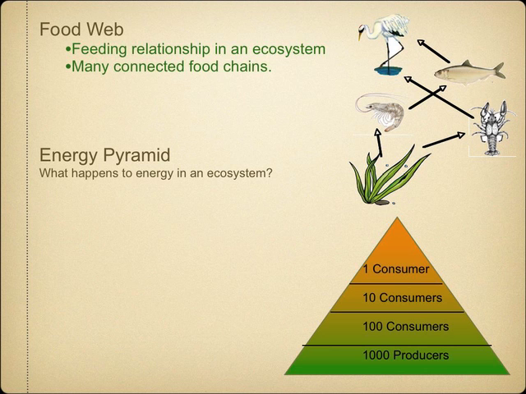And a food web is a more accurate representation of a real ecosystem. In real ecosystems, usually each species doesn't only eat one other thing. Most species have several different food sources they might eat. So a food web gives us a more accurate picture of what's happening in the ecosystem.